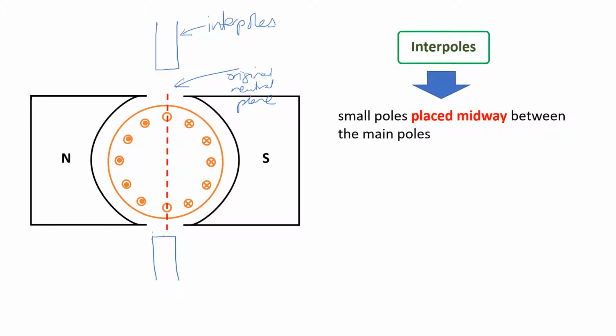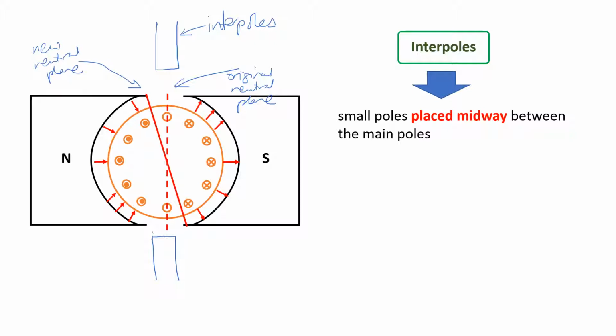However, we've mentioned that armature reaction will cause a distortion in the main magnetic field and the neutral plane would be shifted as shown here. So this new shifted line is the new neutral plane due to armature reaction.